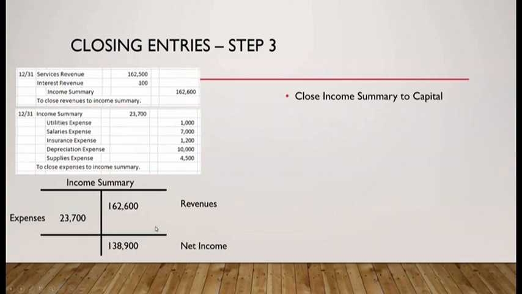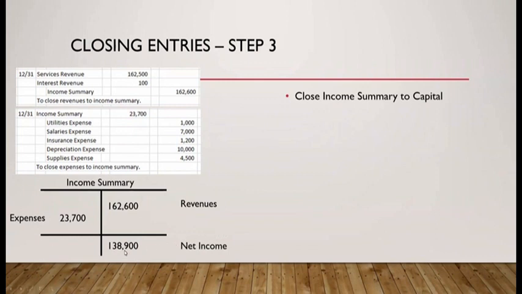We want to get rid of this. We want to take it out of income summary and dump it into capital. If you remember, on the statement of owner's equity, we added net income to the beginning capital balance. So income will increase the capital account.